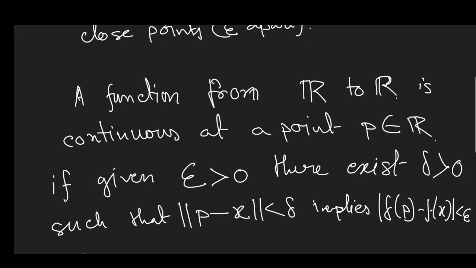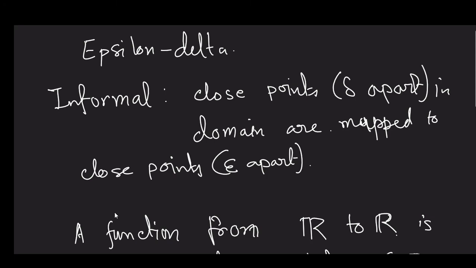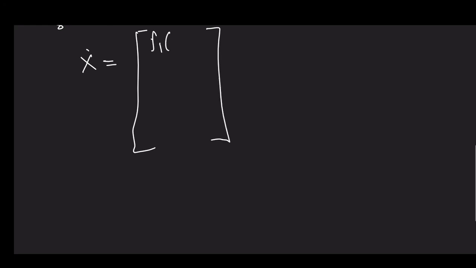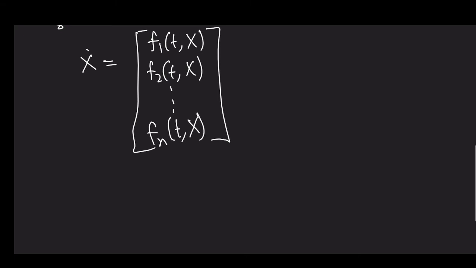Well, how is this concept of continuity applicable here? See, let me write once again: if you consider an n-dimensional system, you have f1(t, x), f2(t, x), then fn(t, x), right?